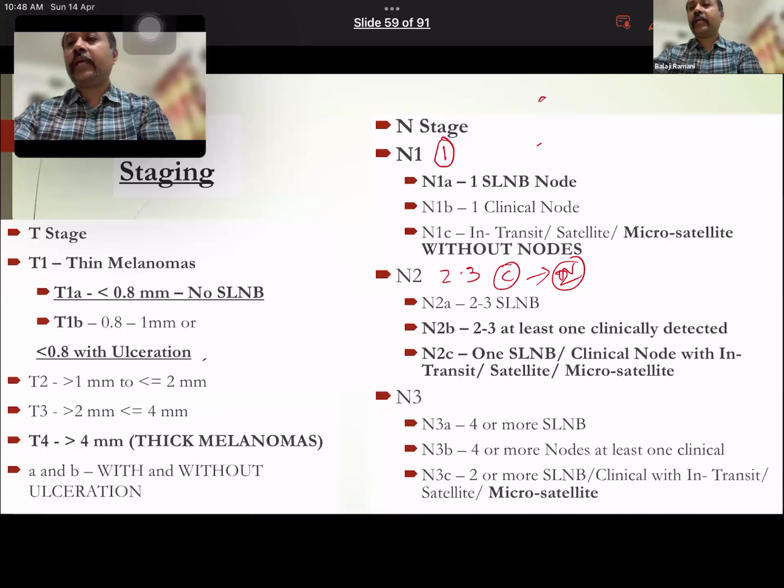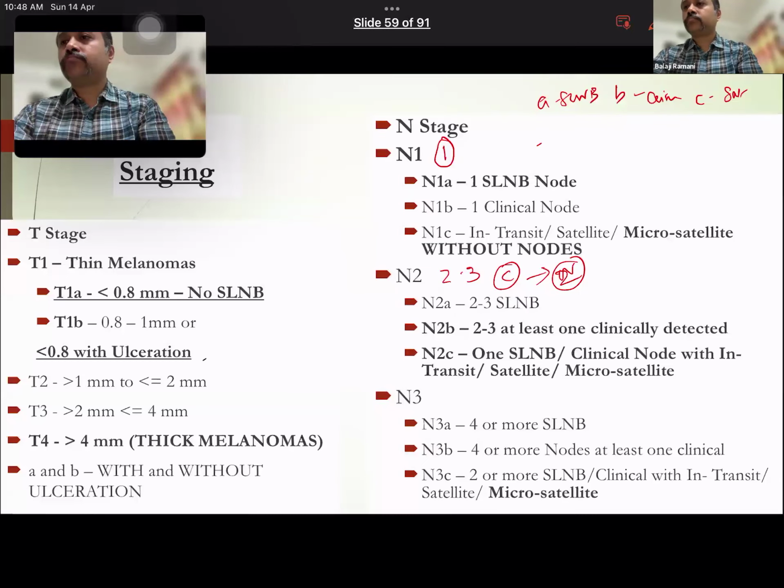Okay, so A is SLNB, B is clinical, C is your satellite. Or let us put it as C is in transit. Let us put S, C, and I. So A is equal to SLNB, SL we can put it.